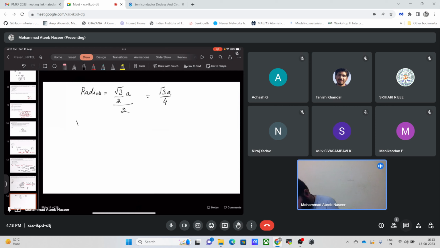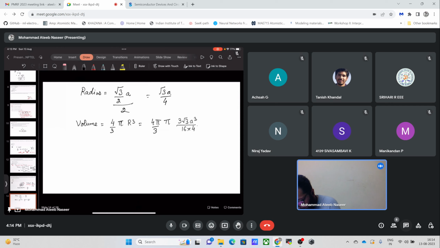So this is the radius of the atom. Now the volume of this atom, considering it to be a spherical thing, is 4 by 3 pi r cube, and r is given by root 3a by 4. It would be simply 3 root 3 a cube by 4 into 4, that is 16.